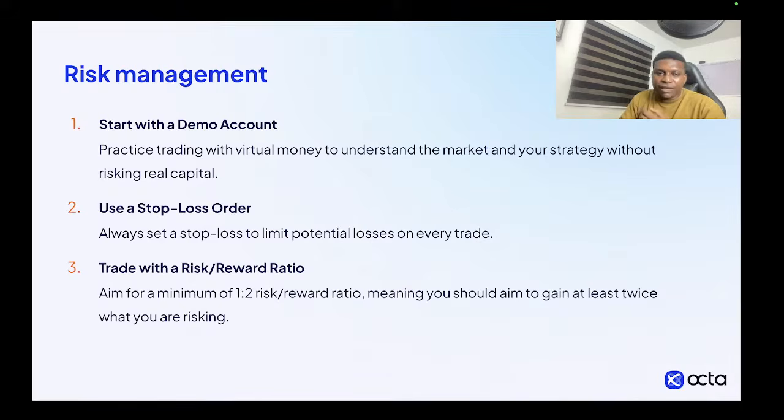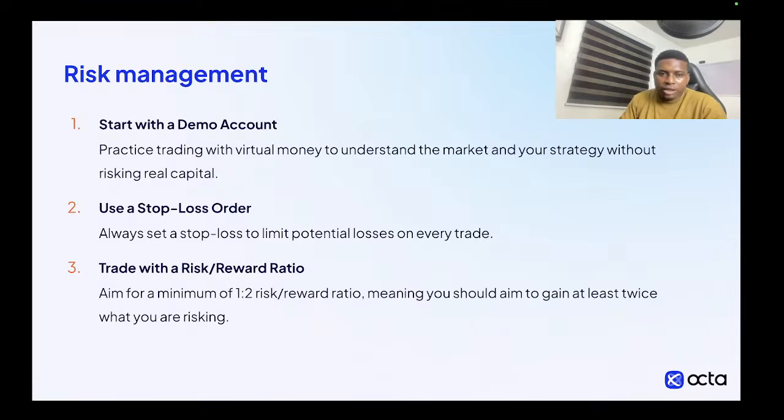Practice trading with virtual money to understand the market and your strategy without risking real capital. Two, use a stop loss order. Always set a stop loss to limit potential losses on every trade.